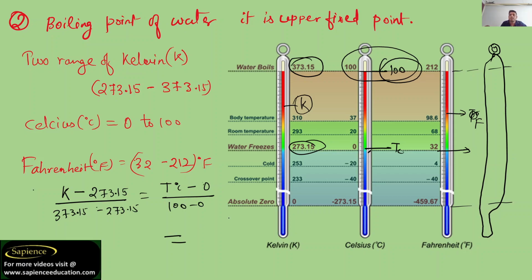Similarly, this will be equal to Fahrenheit minus the lowest temperature, the freezing point 32, divided by the boiling point minus the freezing point, that is 212 minus 32.